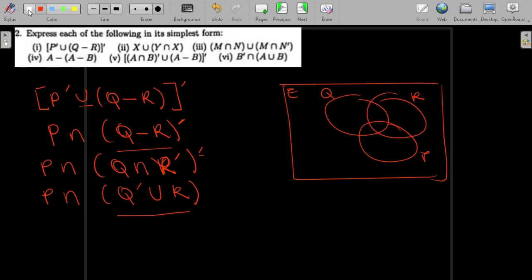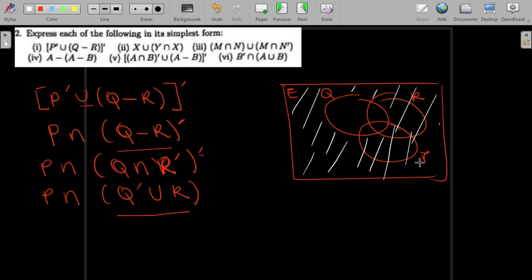I'll shade the Q complement in white. Q complement just means everything that is not in the set Q but sits in the universal set, so everything outside Q. This part here in white, apart from the set Q, is my Q complement.